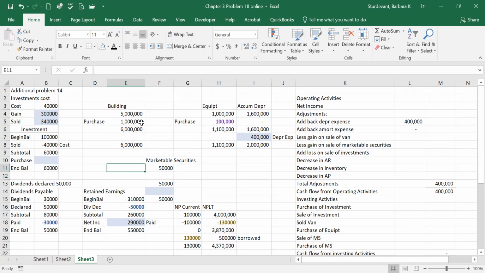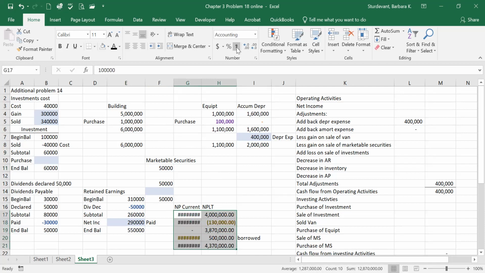Half of it was financed. And this is what I was talking to you about at the very beginning when we were talking about non-cash transactions. So the borrowed portion was used for half of the purchase.